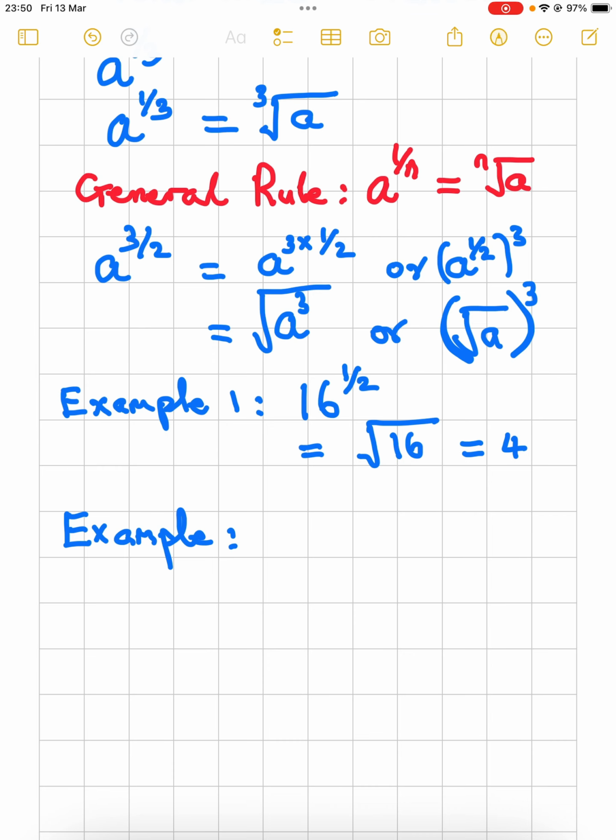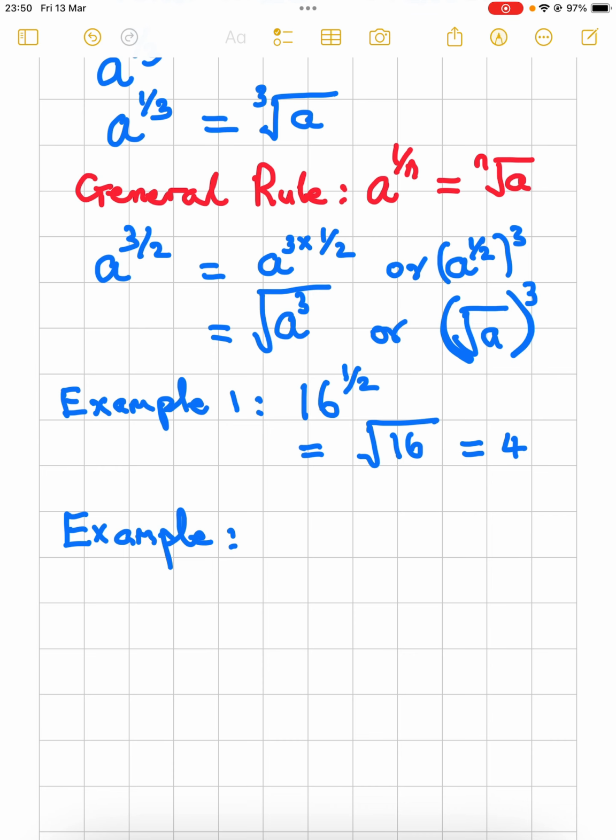Example number 3. Eight raised to power 2 over 3. The first step is, this is equal to 8 raised to power 2 multiplied by 1 over 3.